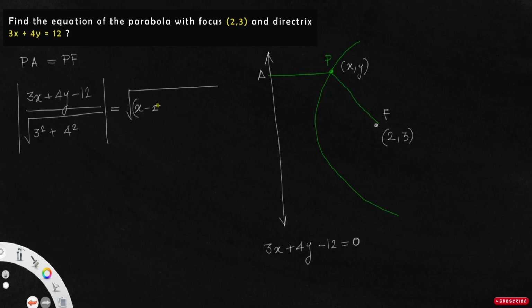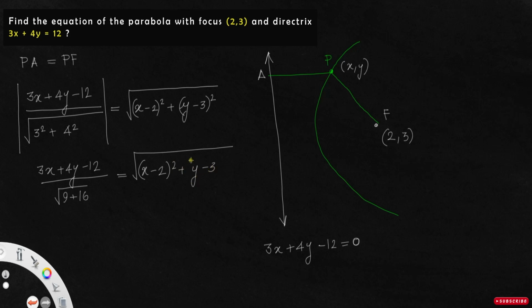So x minus 2 whole square plus y minus 3 whole square. So this will be 3x plus 4y minus 12 divided by root of 3 square is 9, 9 plus 16, equal to root of x minus 2 whole square plus y minus 3 whole square. So root of 9 plus 16 is root 25, which is equal to 5. So this value will be 5.